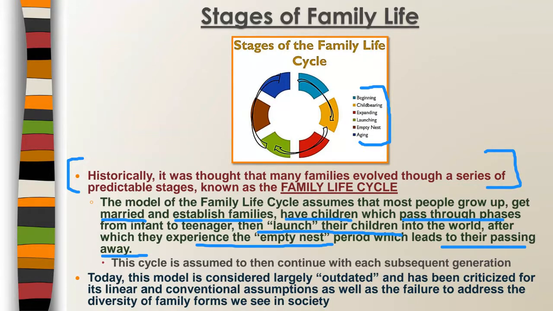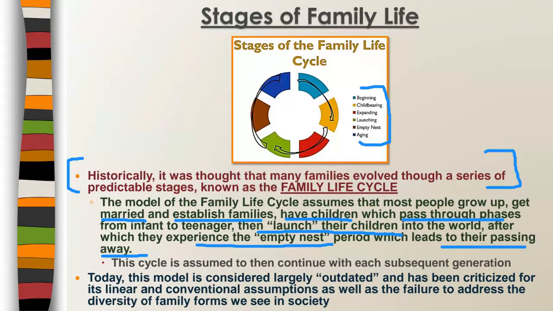For instance, not every heterosexual couple can bear children. Some have fertility issues, so that already gets in the way of this life cycle. Or what about homosexual couples?